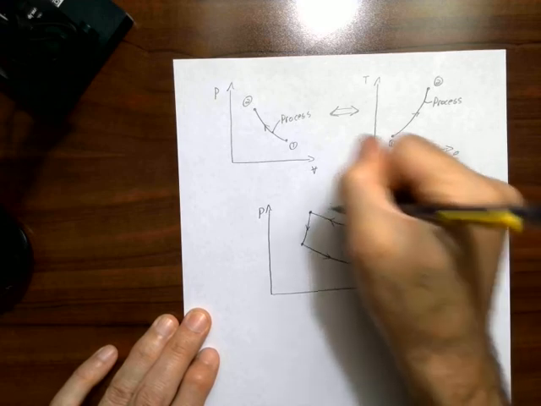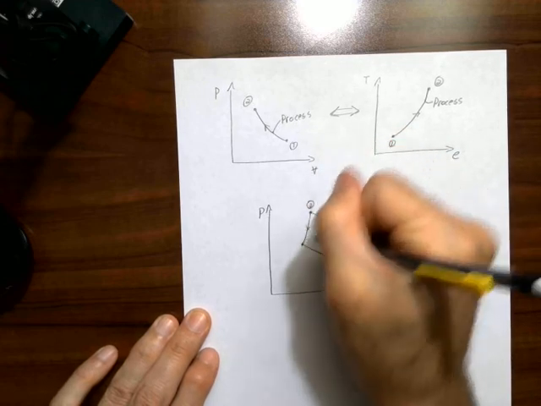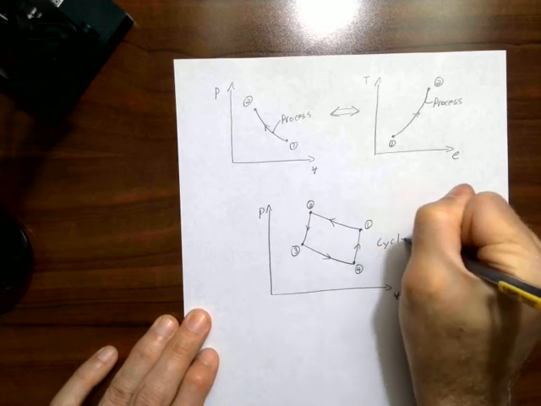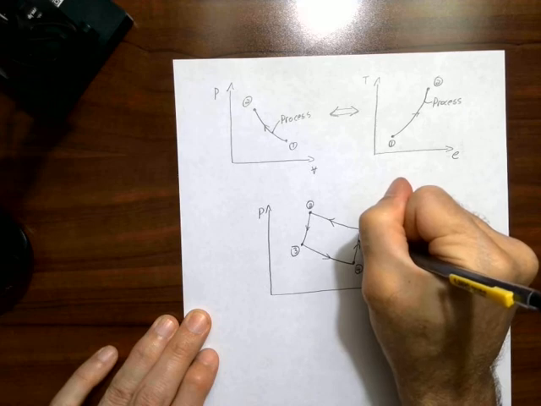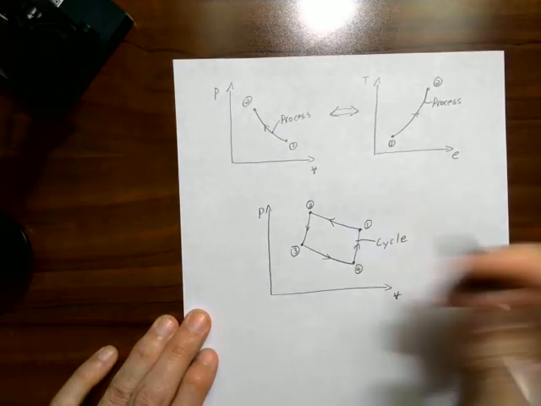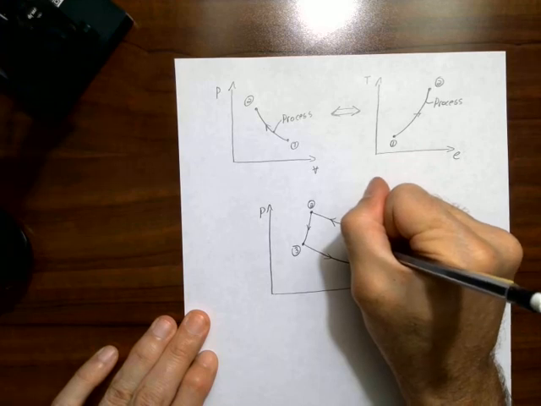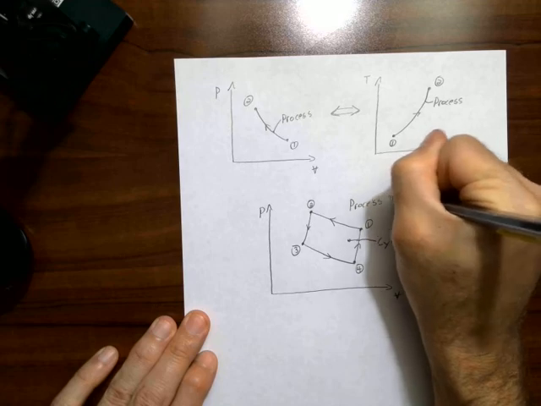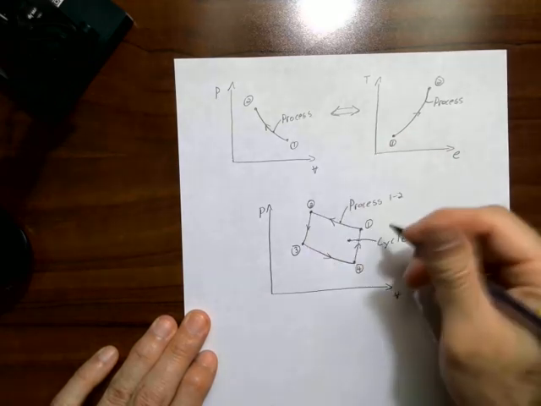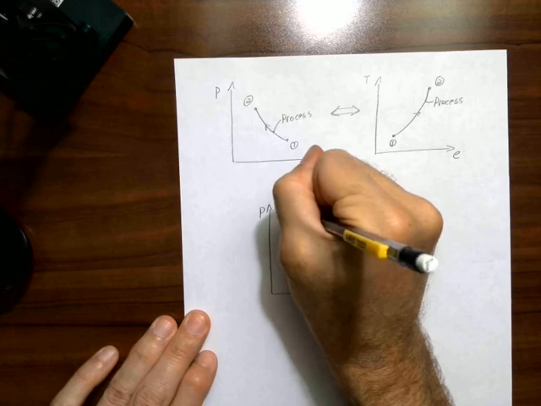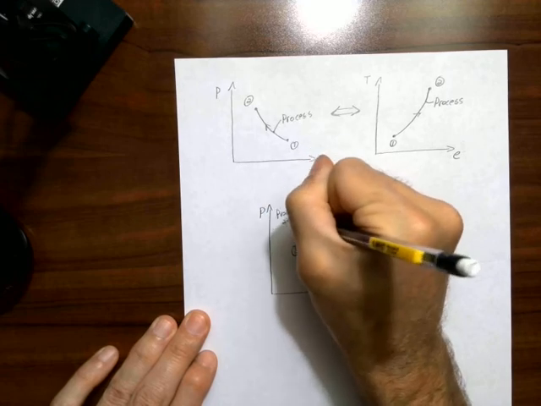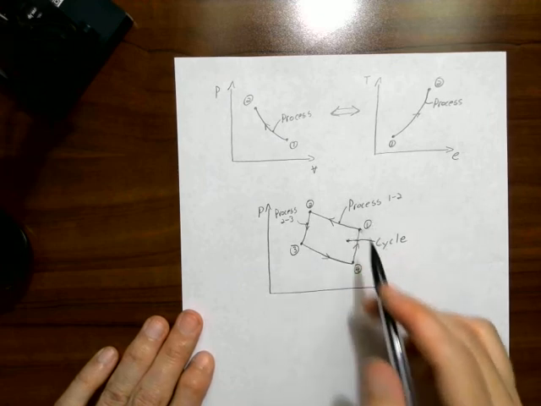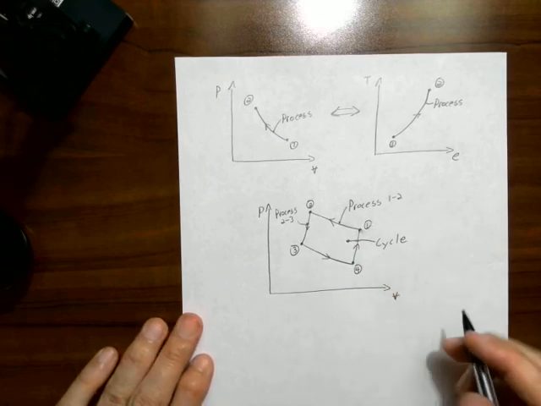If they form a closed loop like this, it's called a cycle. So maybe you would call it process 1-2, process 2-3, and so on, then 3-4, 4-1, and the collection of these four processes is going to be known as a cycle.